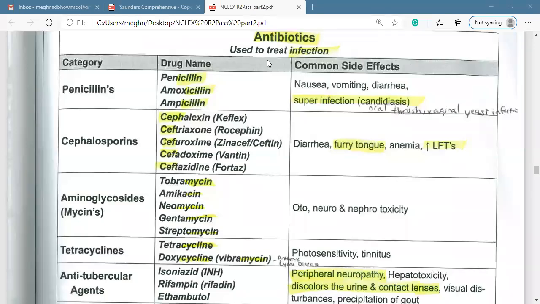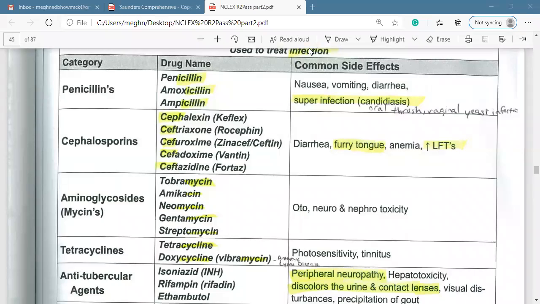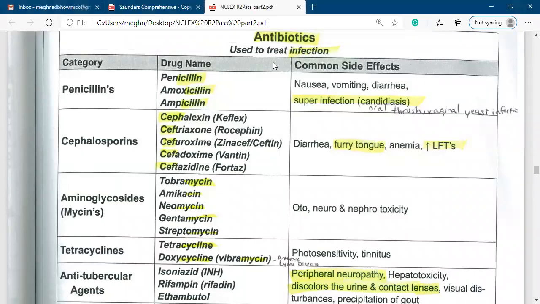So here are the side effects. When you prescribe penicillin to your patient, as an RN, you have to educate your patient about the side effects of penicillin. If anybody takes penicillin, they have a chance to develop GI upset, meaning nausea, vomiting, or diarrhea.